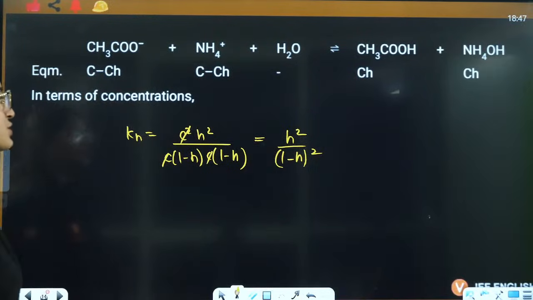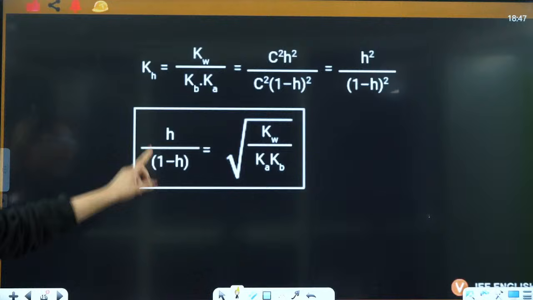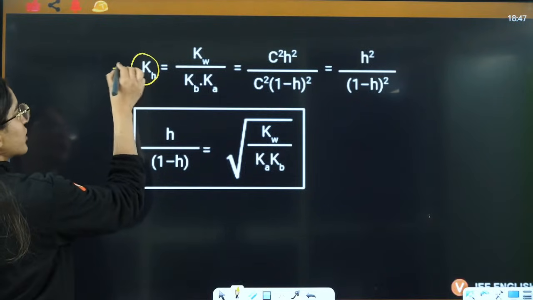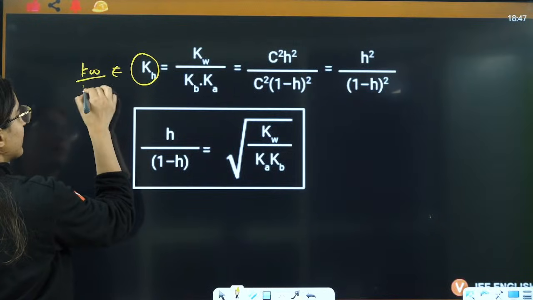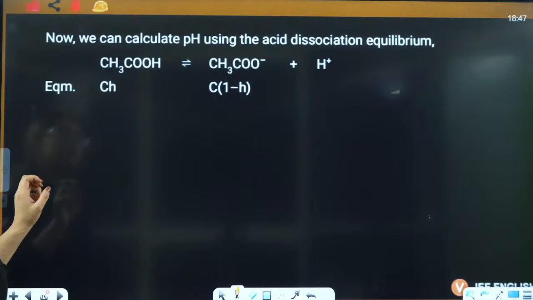And that will be the value of KH. So H by 1 minus H is becoming this, the root of Kw, right? Because KH is also equal to Kw by Ka into Kb.